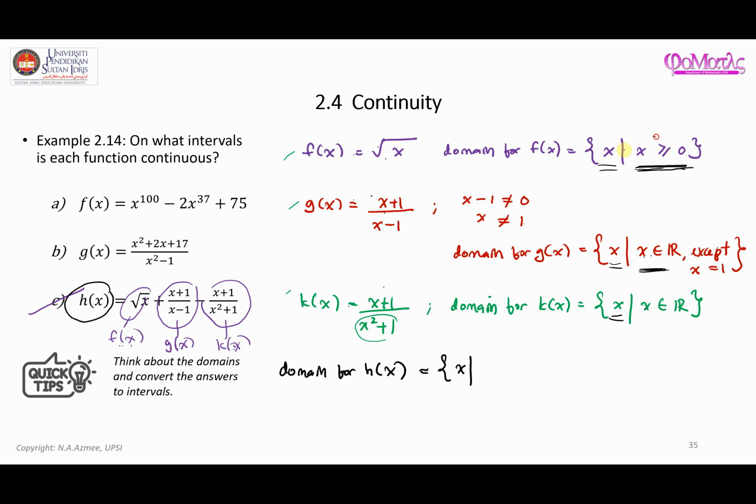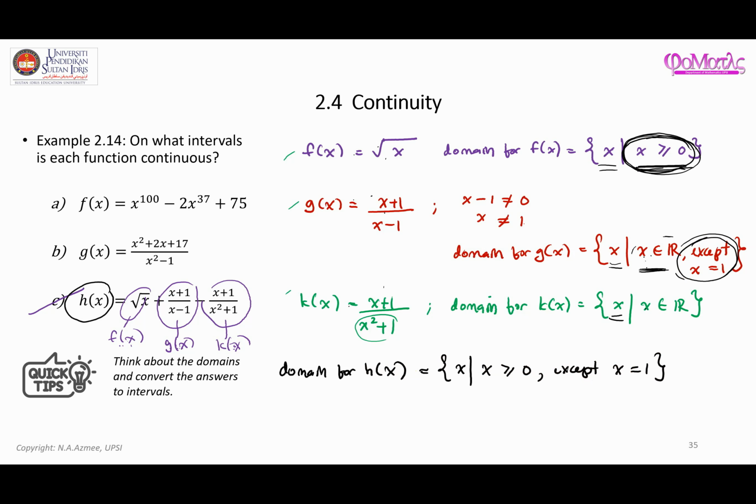We have to make sure that this is considered as the answer, because if you consider x as a real number, then if you plug in a negative value inside here, this function cannot be computed at all. So that will affect function h(x). Therefore the domain for h(x) is x greater than or equal to 0. And this also needs to be considered because it is also a tighter restriction, except x equals 1.